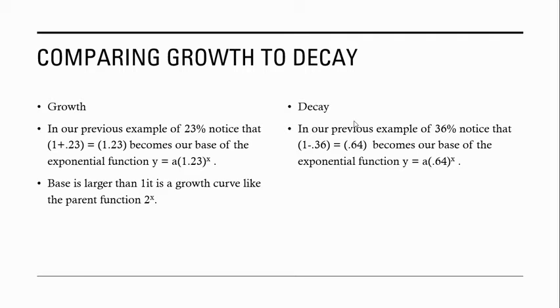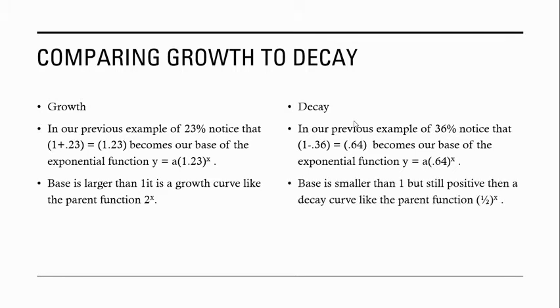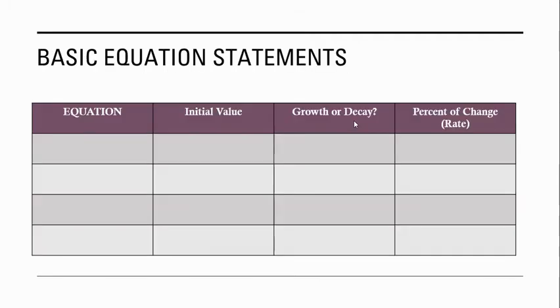Decay: in our previous example of 36%, notice that 1 minus 0.36 is equal to 0.64, which becomes our base of the exponential function y equals a times 0.64 to the exponent of x. A base that is smaller than 1 but still positive is a decay curve, like the parent function 1/2 to the exponent of x. Let's look at some examples.